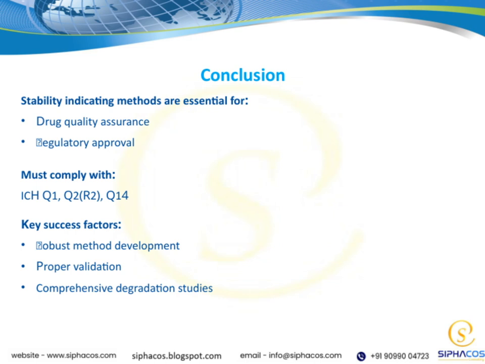And finally, comprehensive degradation studies allow us to understand how our drug substance or product behaves under various stress conditions, helping us develop more stable formulations and ensuring safety and efficacy over time. In essence, these elements come together to support the overall quality and regulatory compliance of our pharmaceutical products.